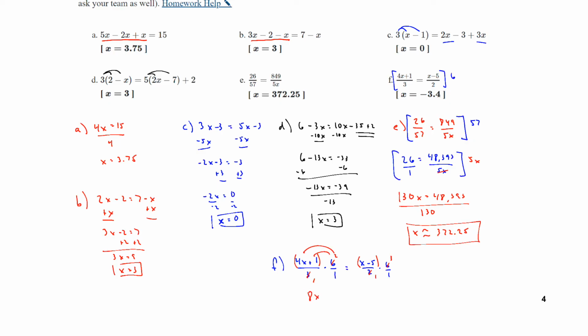So then I can take the 2 and distribute, and the 3 and distribute. So that's 8x plus 2 is equal to 3x minus 15. Subtract 3x.